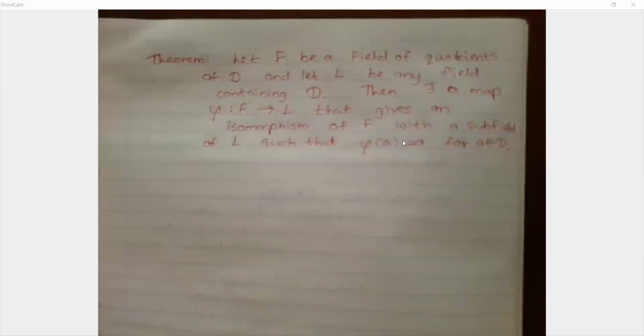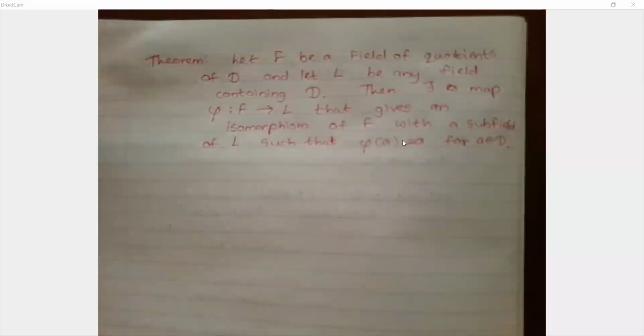This means that any field containing D contains a subfield which is a field of quotients of D. So this field F is like the smallest field containing D. Any other field containing D will contain a subfield which is simply F. So F is contained in any other field L which is containing D. We will stop from here and I will do the proof of this theorem in the next lesson.